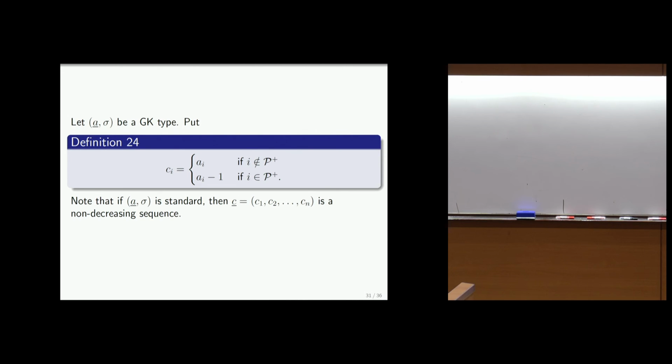Okay, now let (A, σ) be a GK type. It is a pair of A and σ, and put C_i equal to A_i if i does not belong to P_+, and A_i − 1 if i belongs to P_+. If (A, σ) is standard, then this sequence is also a non-decreasing sequence.